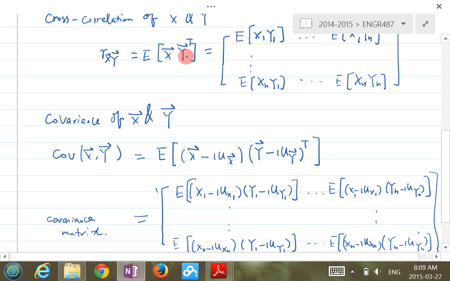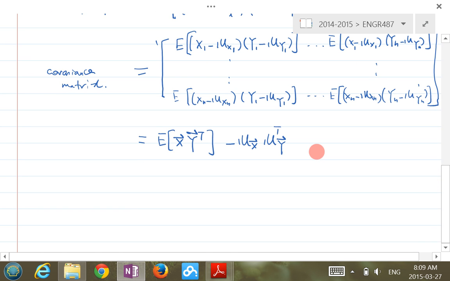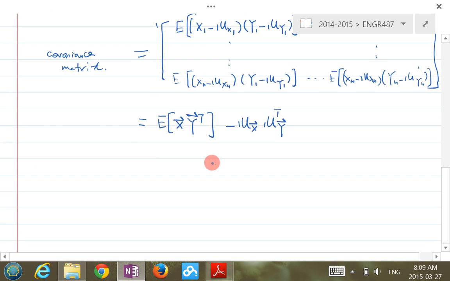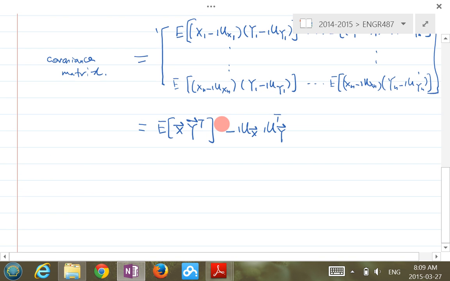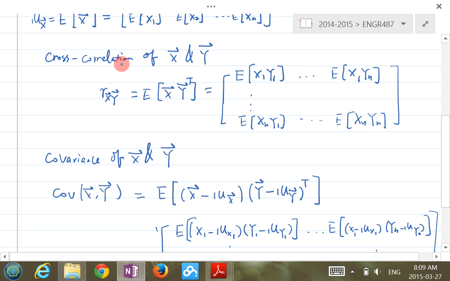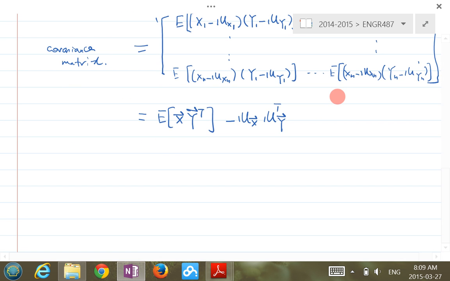If I change the y to x, I'm looking at the covariance matrix for the x vector itself. Now, this one is called cross correlation. If I change this y to x, what is it called? Autocorrelation. That's right.